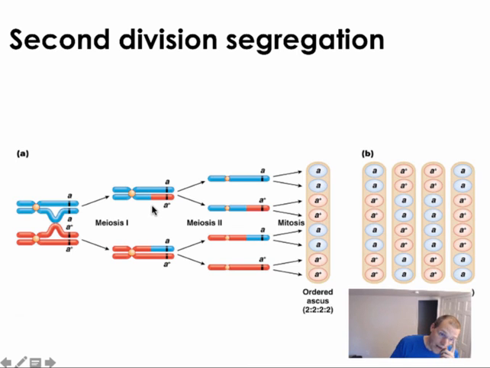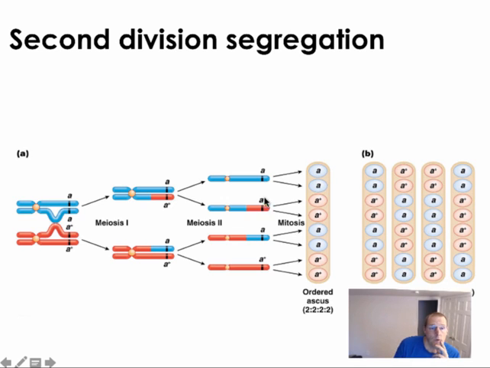Now, depending on how you arrange the chromosomes in meiosis 1, you can get these different patterns of spores in the ascus, in the asci rather. So the way that we're looking here is we've got this parental chromosome kind of at the top, and that produces a spore which then undergoes mitosis to give us these 2 right next to one another.